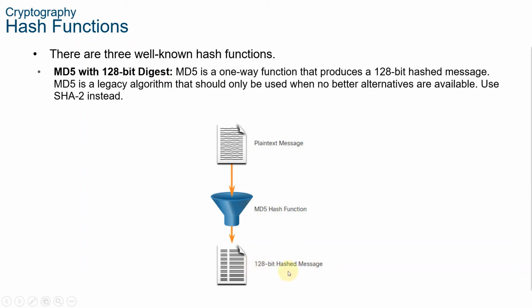Now, MD5 is a legacy algorithm, as mentioned earlier, that should only be used when no better alternatives are available. So we are recommending the use of SHA-2. In the figure, a plain text message is passed through the MD5 hash function. The result is a 128-bit hashed message.